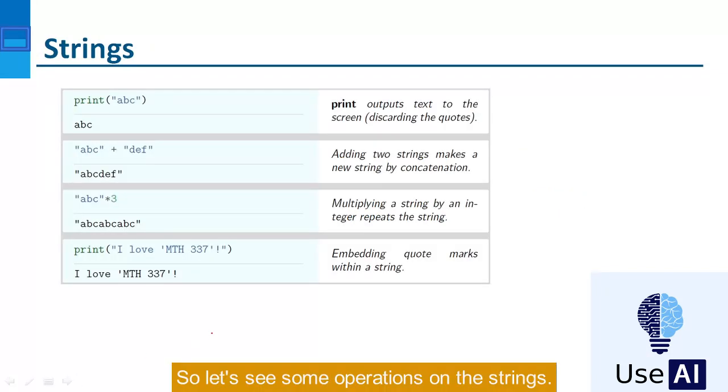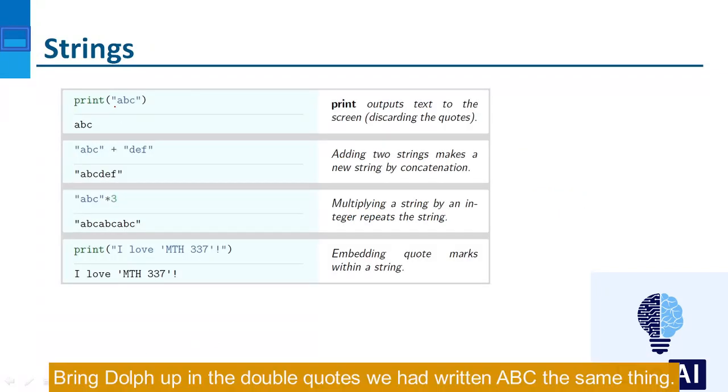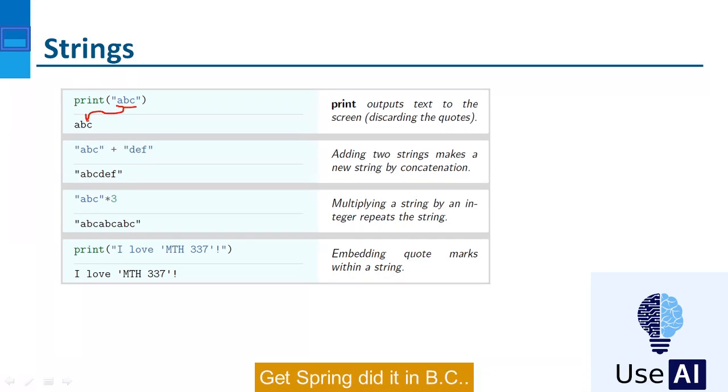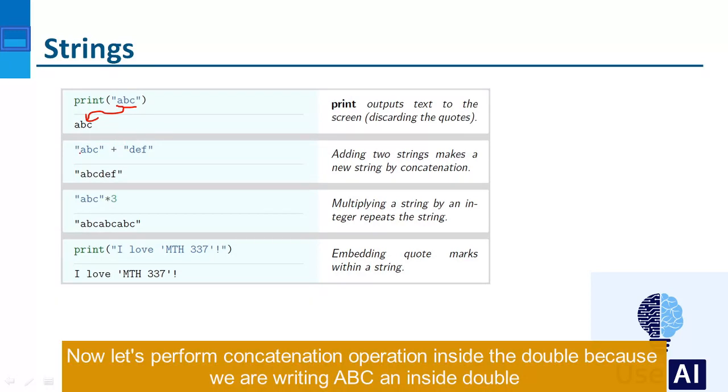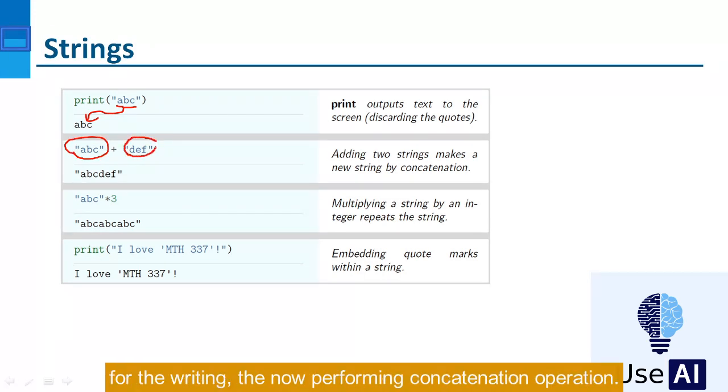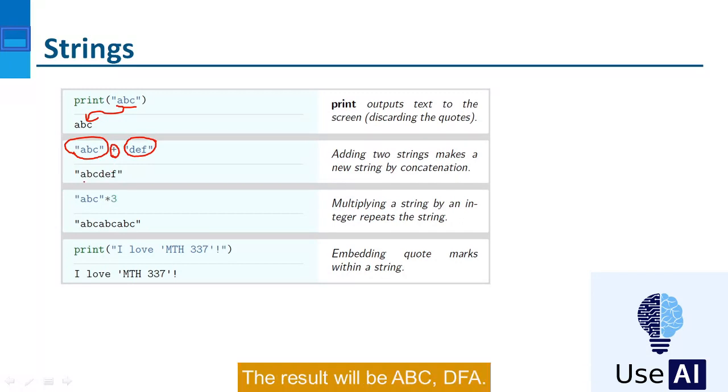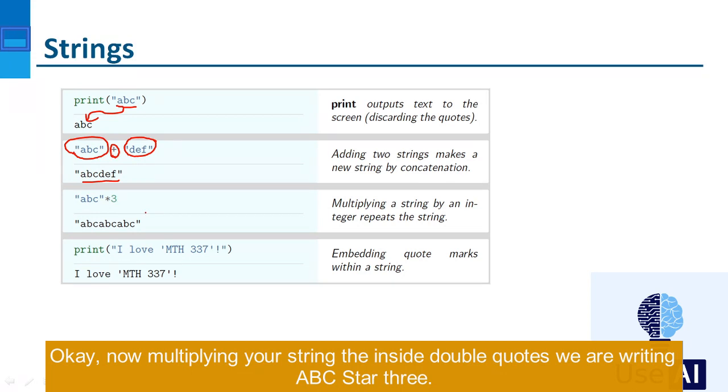So let's see some operations on strings. Print of, in double quotes, we have written ABC. The same thing gets printed, ABC. Okay. Now let's perform the concatenation operation. Inside double quotes we are writing ABC, and inside double quotes we are writing DEF. Now performing the concatenation operation, the result will be ABCDEF. Okay. Now multiplying a string.